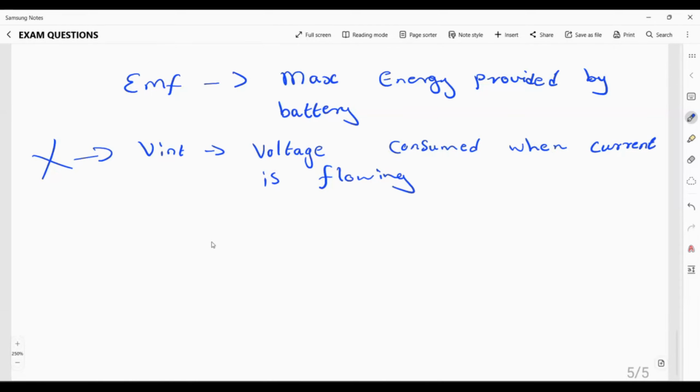Say you're going to buy a battery, a simple battery. You want to connect maybe a torch, for example. When you buy that battery, outside the battery it's written 12V as your EMF. That's the EMF of the voltage. It is the maximum energy that the battery can provide before it is no longer working.